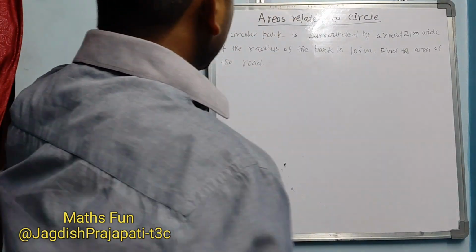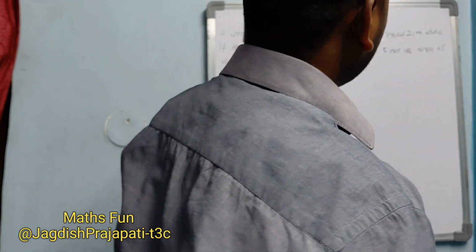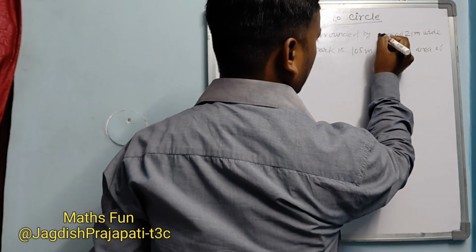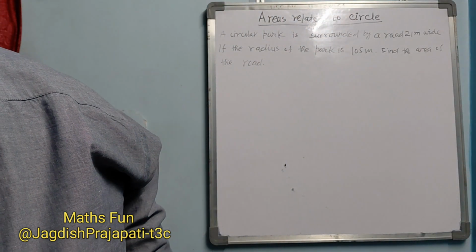So we are given that a circular park is surrounded by a road 21 meters wide.